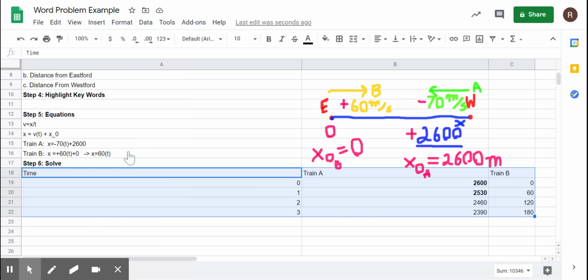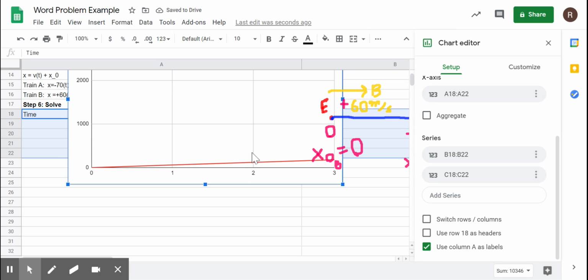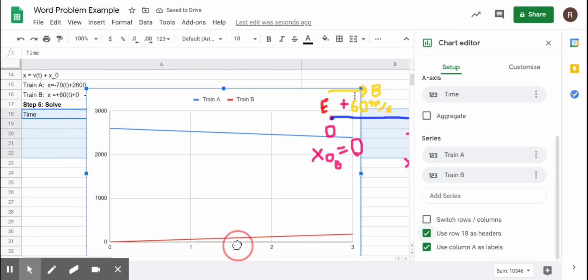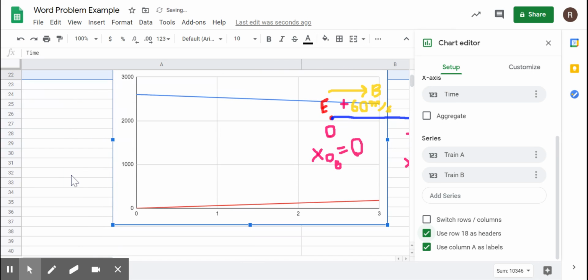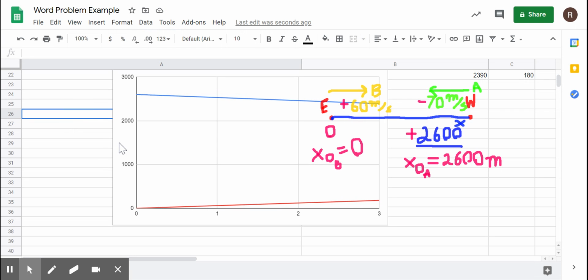Insert chart. You see, that makes a little more sense, and that's what it was waiting for. Okay, and again, I'm just going to go ahead and drag this down.